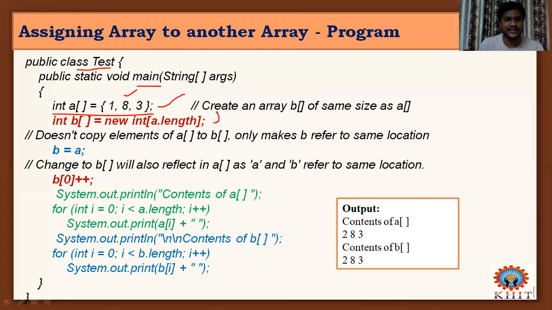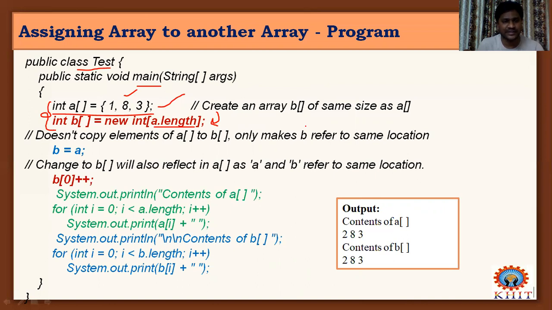And now I have created one new array with the length of array A. Whatever size I declared and created for A, that size of the array is passed to declare the B array with the new operator. Executing these two statements doesn't mean that two arrays are created.